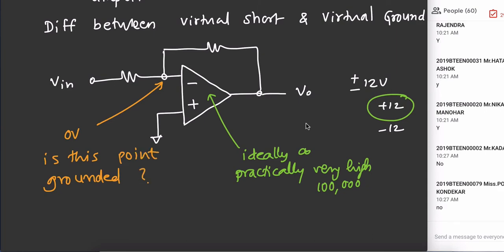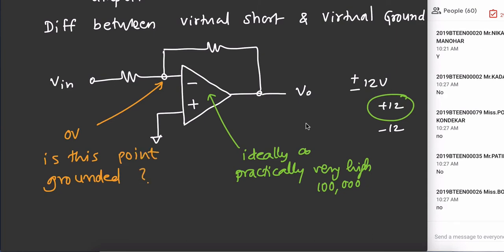Yes or no? No, it is not grounded, but still it is at 0 volt, therefore it is called as virtual ground. This is called as a virtual ground because it is physically not grounded, but it is at 0 potential. Everybody understood this?